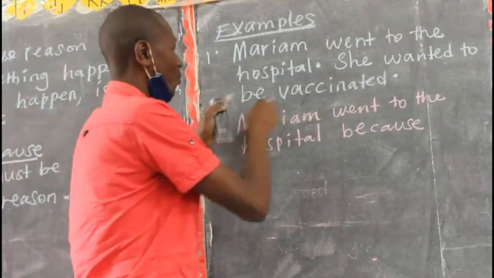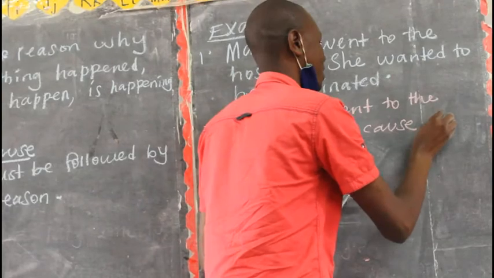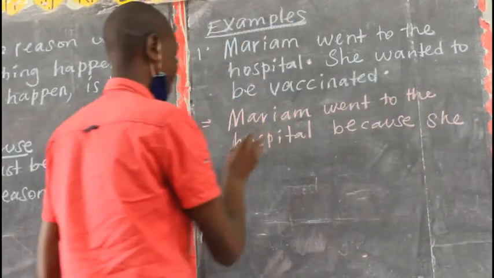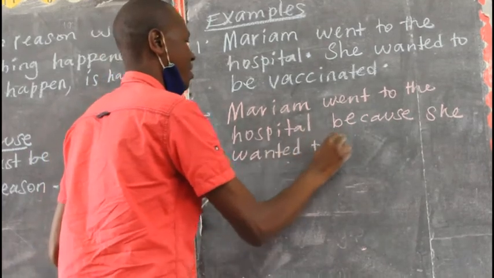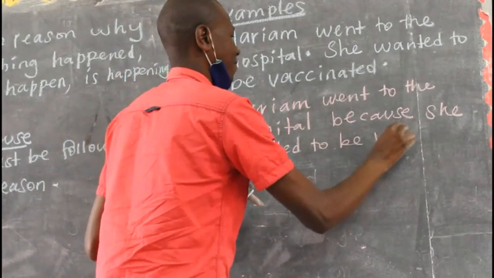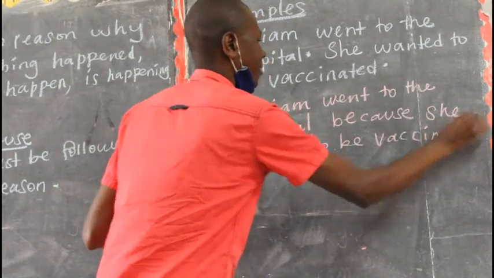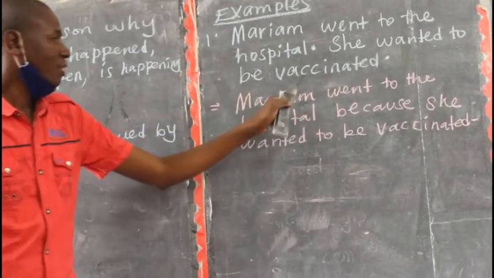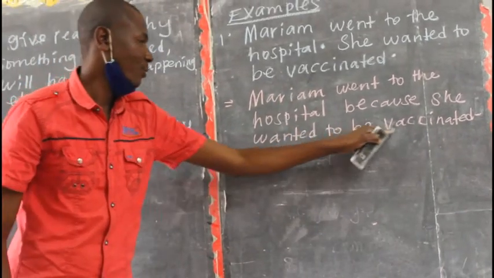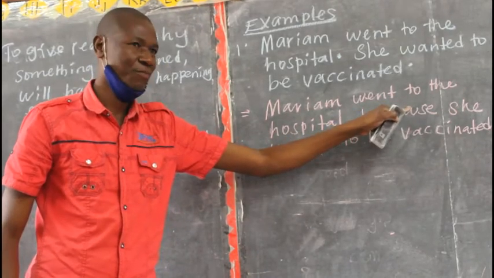The hospital, which is here. So it is supposed to be because she wanted to be vaccinated. That will be our sentence. So action first, then reason has followed the word because as a conjunction.